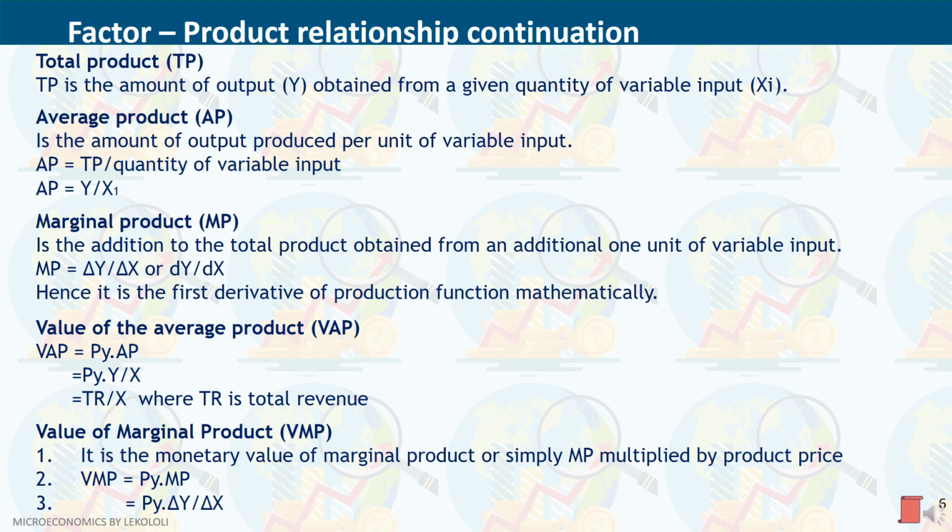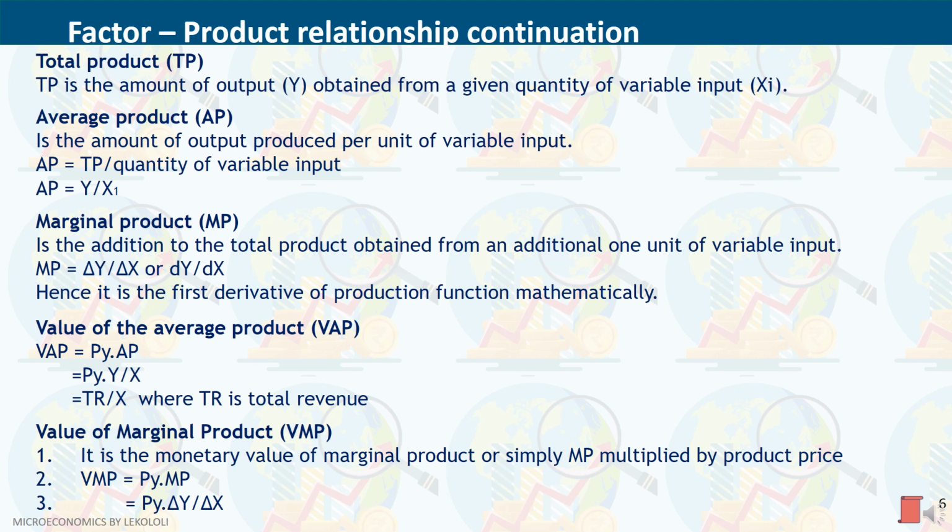So, VMP is equal to PY by MP, which can also be expressed as VMP is equal to PY by change in Y out of change in X. VMP is essential because it tells you how much extra revenue you can generate by investing in more of a particular input. It helps you make informed decisions about resource allocation and production efficiency.